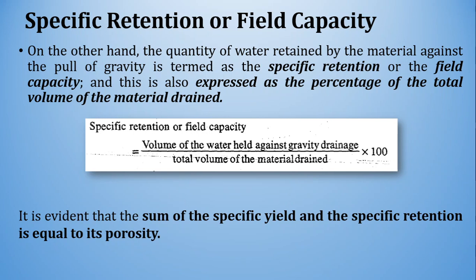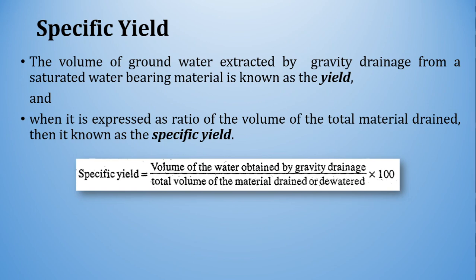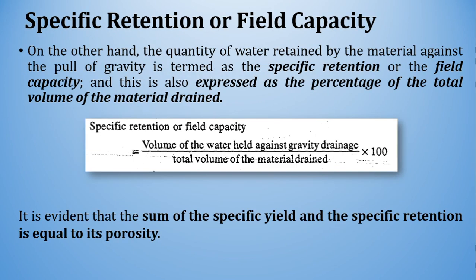Now the specific retention or field capacity, it is exactly reverse of the specific yield. So let us see specific retention or field capacity. On the other hand, the quantity of water retained by the material against the pull of gravity is termed as the specific retention or the field capacity, and this is also expressed as percentage of the volume of the material drained.